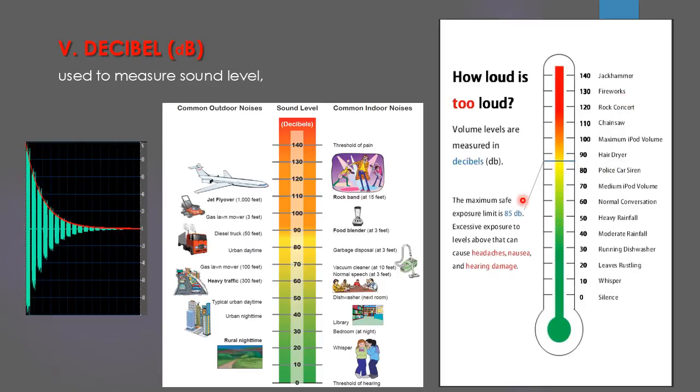As soon as you go up to 90, say 90 or 85 dB, there is some loudness that's not recommended. For example, it will cause hearing damage and headache and so on.